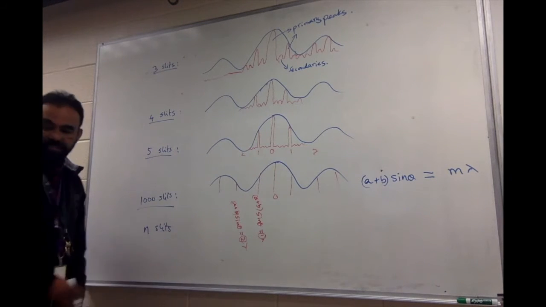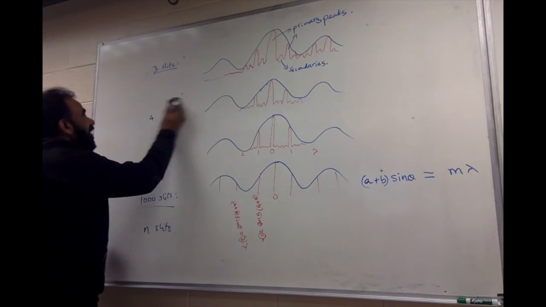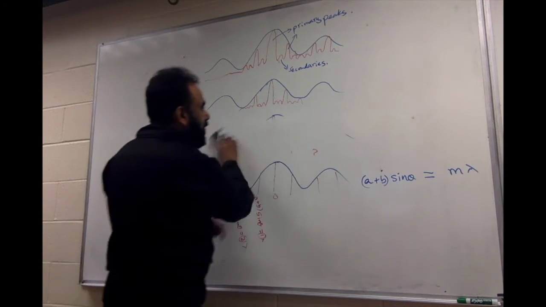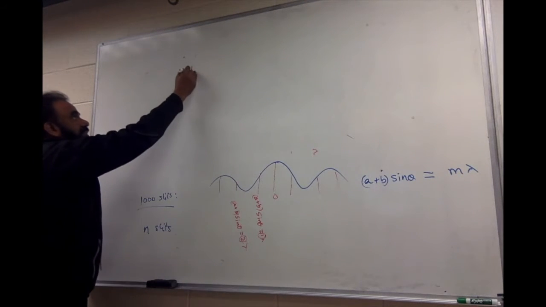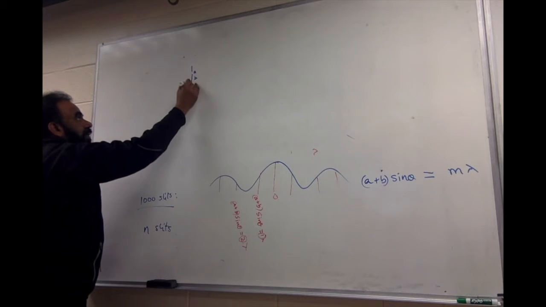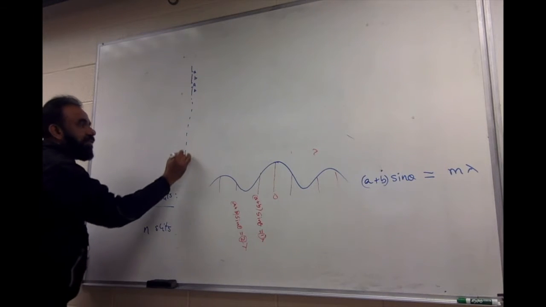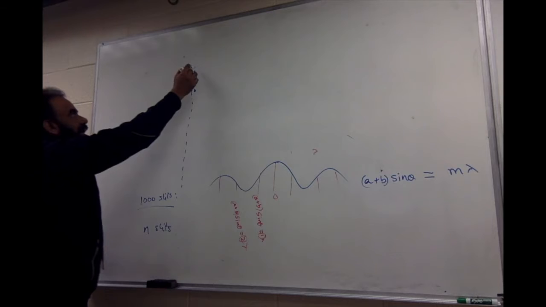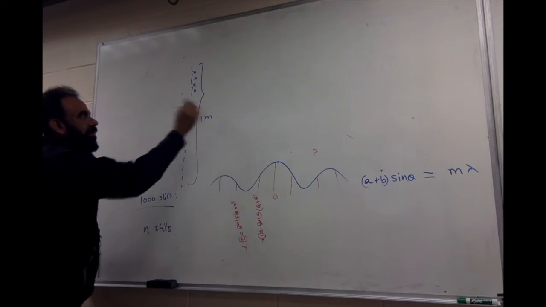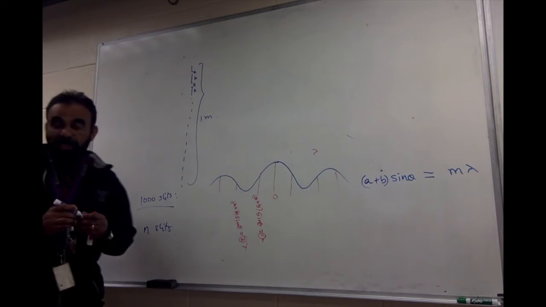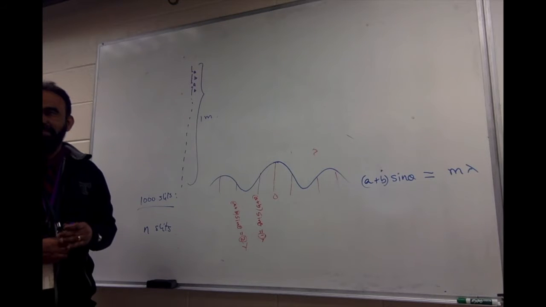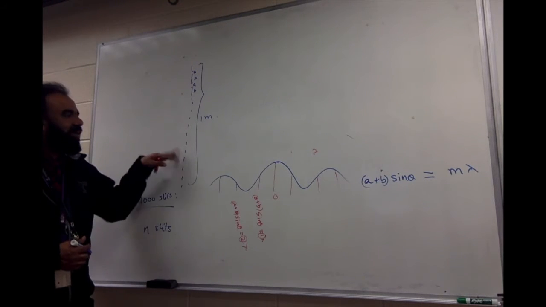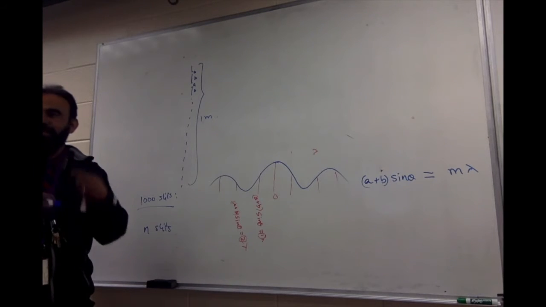Now let me look at these n slits. Let me draw all the n slits. So this is a, then b, then again a, and then b, and it goes on. How many a plus b's are there in 1 meter? Do it algebraically.